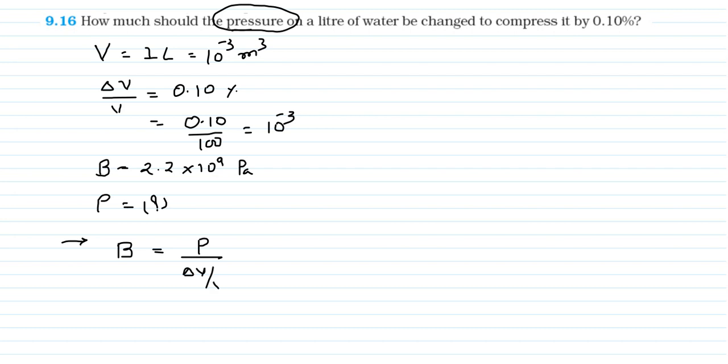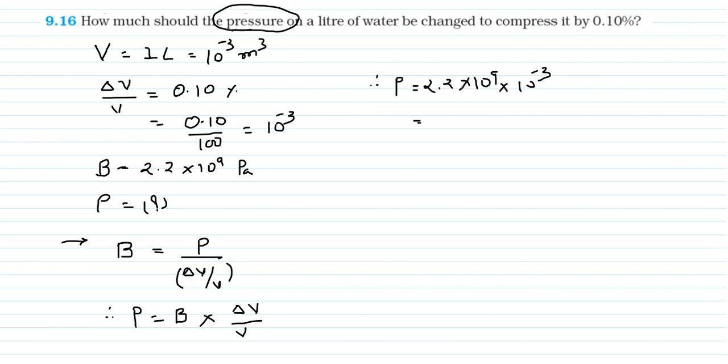The bulk modulus is given by P into delta V upon V. Therefore, P is equal to B into delta V upon V. B क्या है? That is 2.2 into 10 raised to 9. What is the delta V upon V? That is 10 raised to minus 3. So when you solve this, then it is 2.2 into 10 raised to 6 Pascal. Okay friends. So by this way, here the sums are very easy.